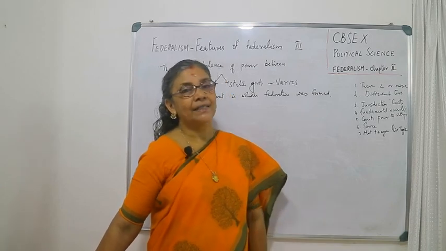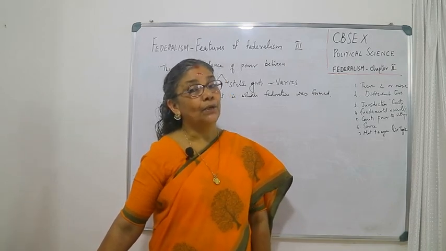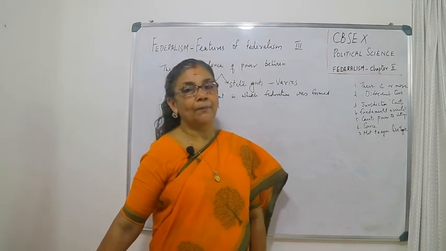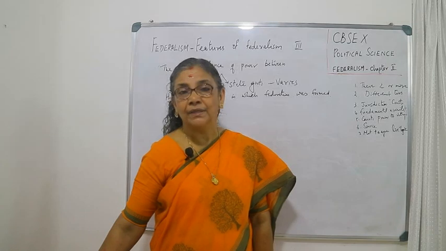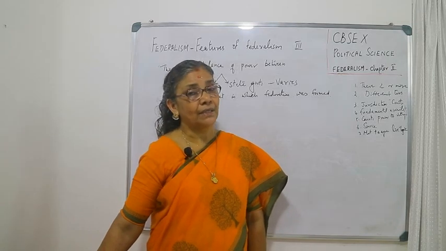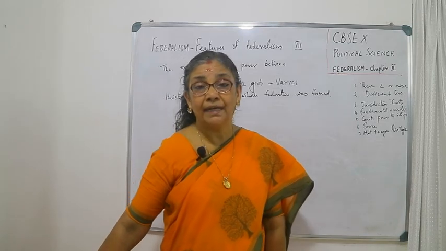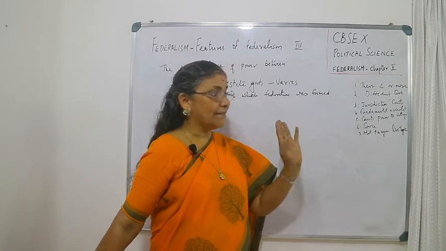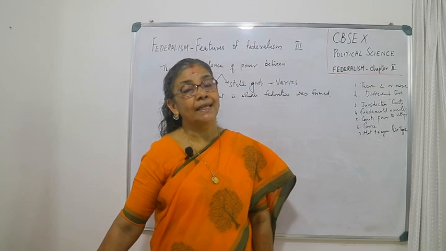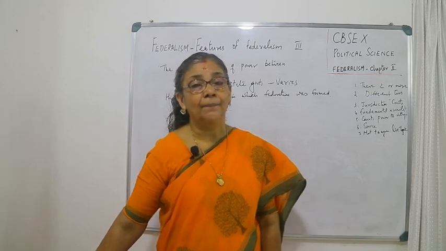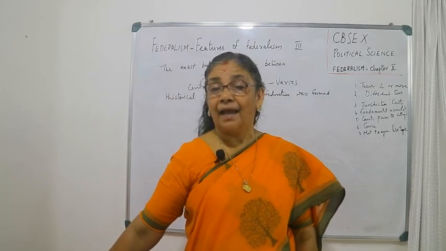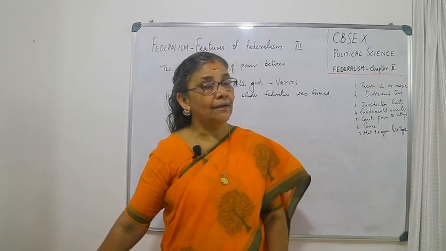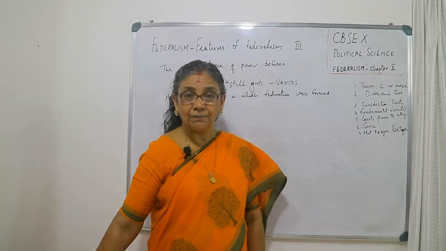And fifth point is that courts have the power to interpret the constitution. And sixth point is that sources of revenue are also mentioned in the constitution in order to ensure financial autonomy. Then seventh point is that, in order to safeguard and promote the unity of the country and accommodate regional diversity, the federal form of government has dual objectives.